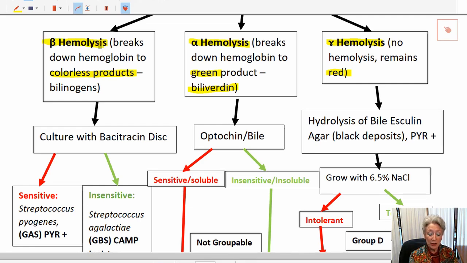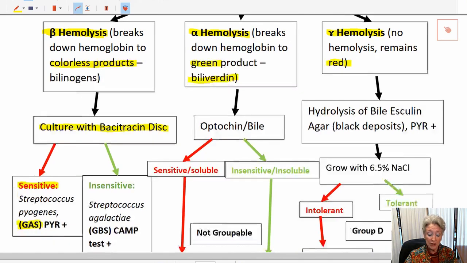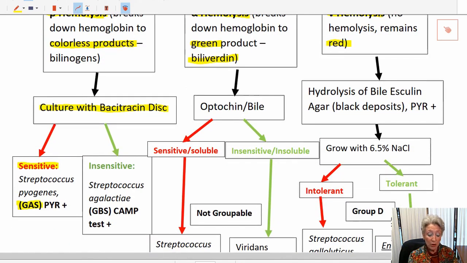In my beta hemolytic organisms, I then will add a bacitracin disc to the top of the agar. If the organism is not willing to grow anywhere near it, then I say it is the group A Streptococcus, Strep pyogenes. If it's happy to grow up against the bacitracin disc, then it is Strep agalactiae, also known as group B strep.